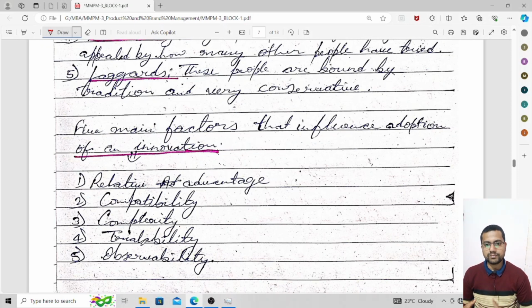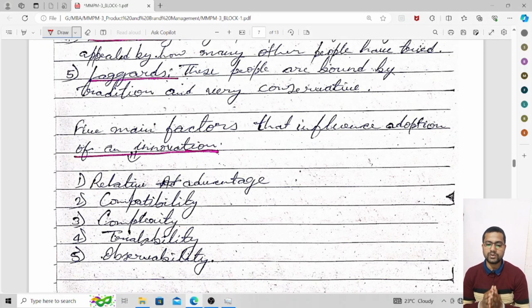If there is compatibility, then for whatever purpose earlier products were used, the newly introduced products can also be used for those purposes. So the product should be compatible. If more compatible, then people will be more at ease using the new product.